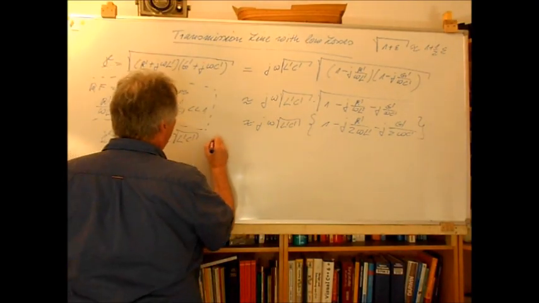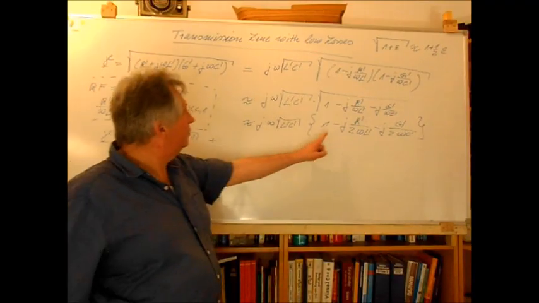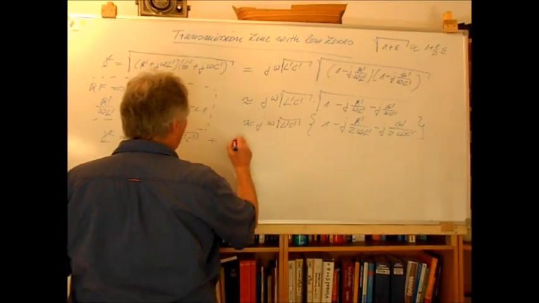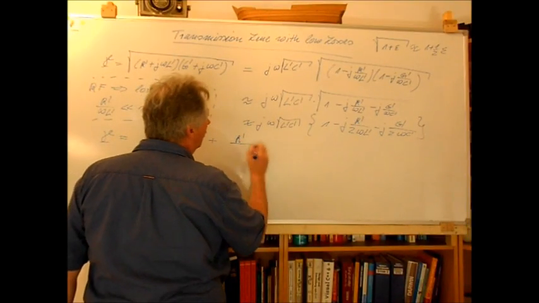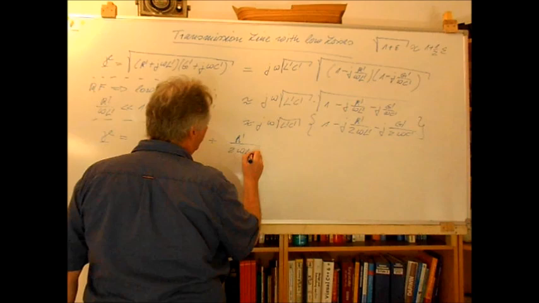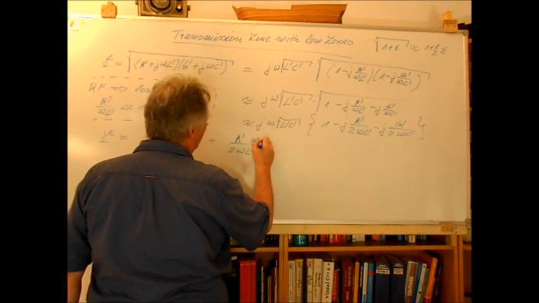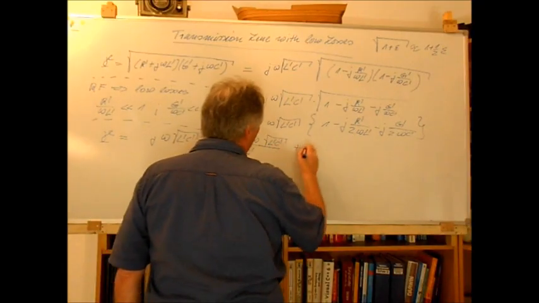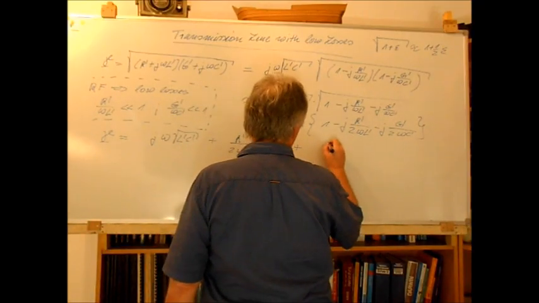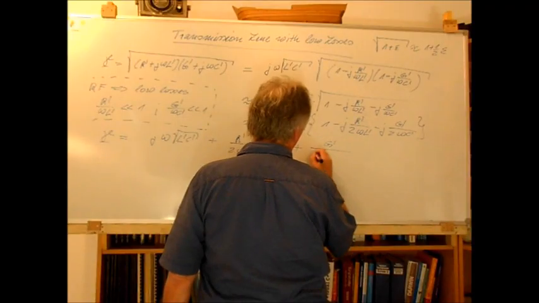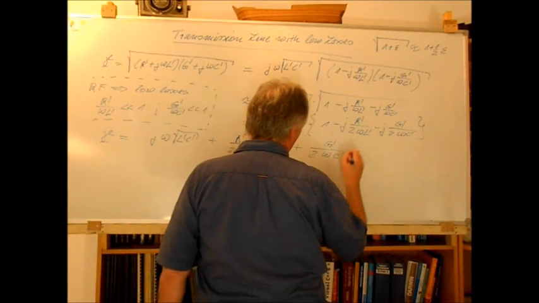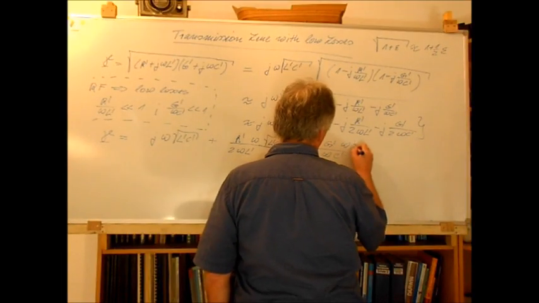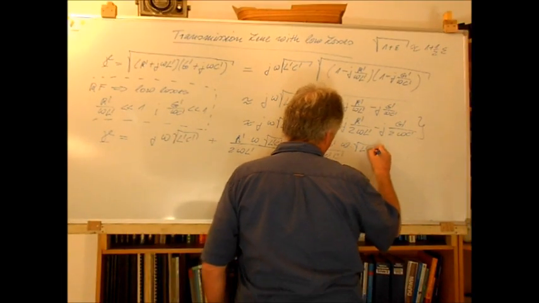And of course then we will have plus, because j times j becomes minus, and minus times minus is plus, and then we will have here R prime over 2 omega L prime times omega square root of L prime C prime, plus correspondingly G prime divided by 2 omega C prime times again omega times the square root of L prime C prime.